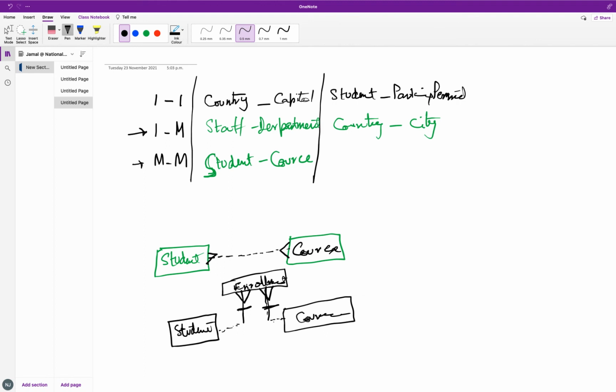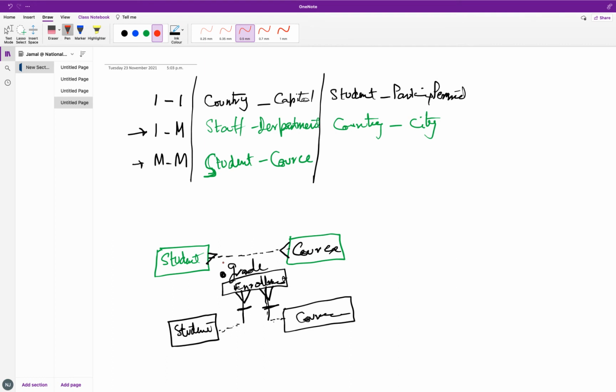So you can see in the enrollment entity we can write one attribute, grade. For example, this is optional. So for each student, if he or she is enrolling in some course, an enrollment grade would be there.